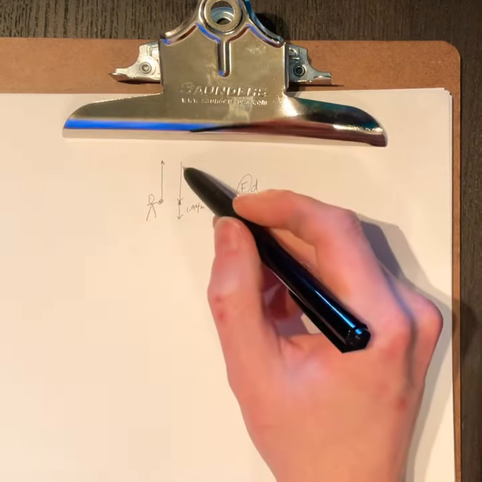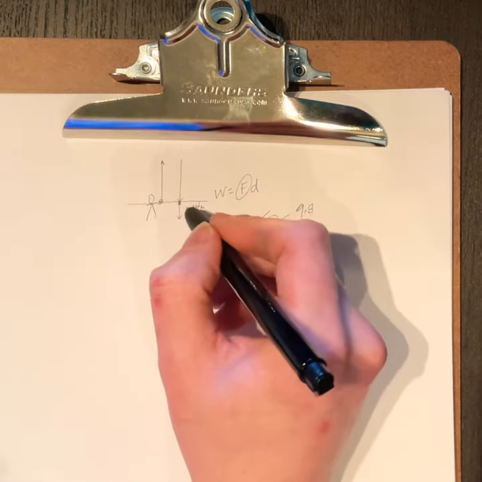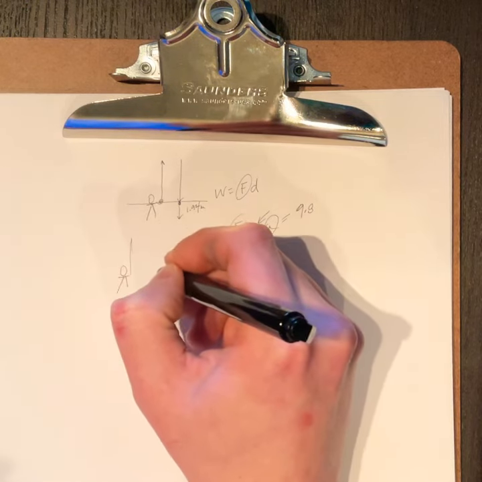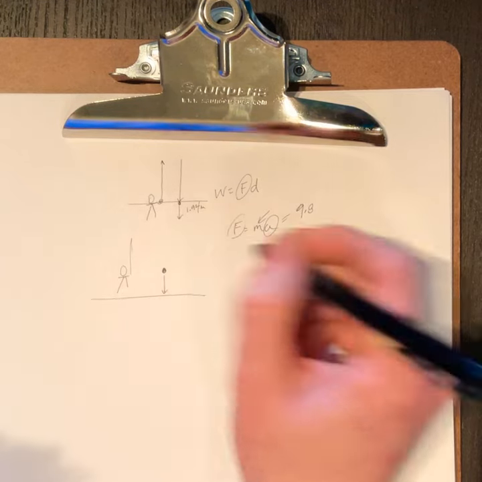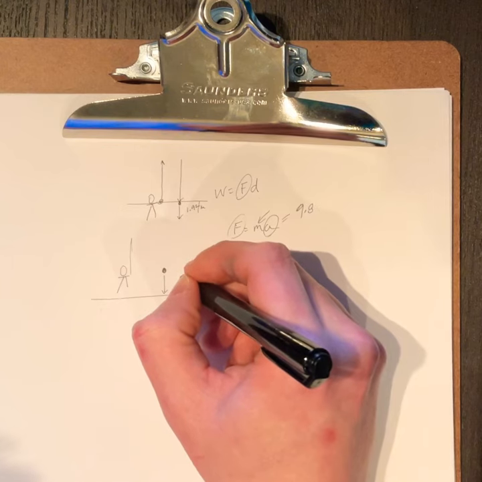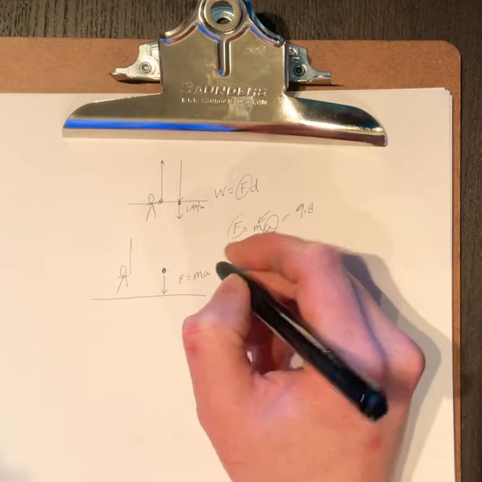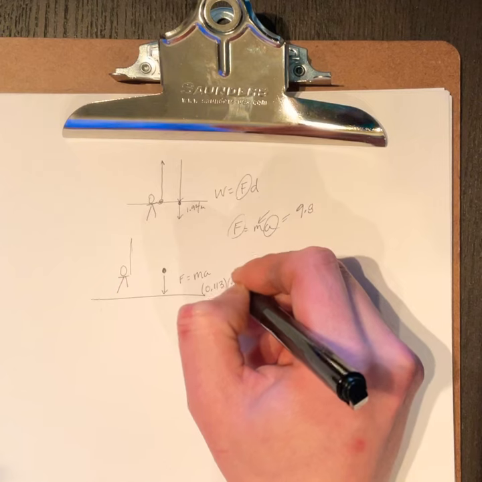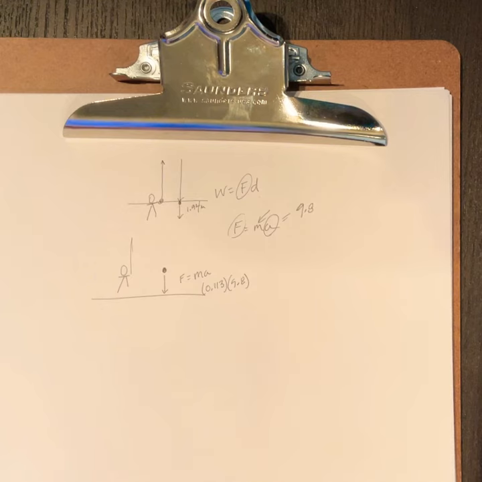So if we take a snapshot of the ball after the person threw it up and it comes back down, when the ball is traveling to the ground, the force in this spot is ma, which is just the mass times the acceleration due to gravity. So 0.113 times 9.8.